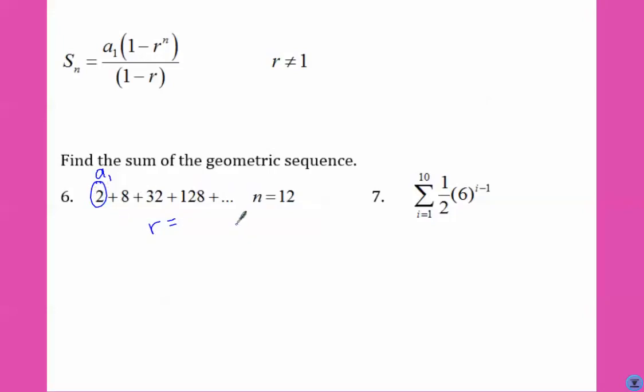What are we doing each time? We're multiplying by 4. And our n is 12. So s sub n is going to equal 2 times 1 minus 4 to the 12th power all over 1 minus 4.